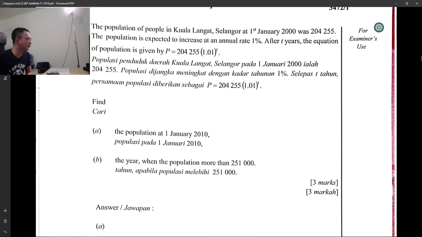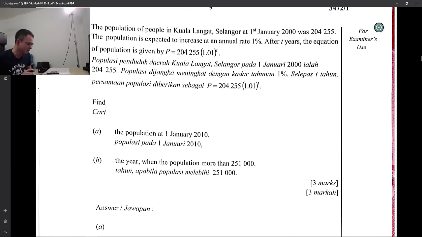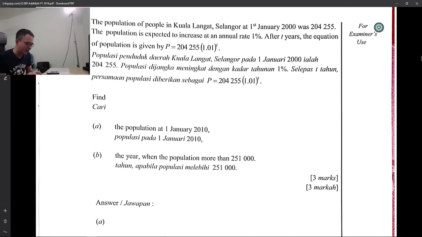Alright, so let's move on to number 6. The population of Kuala Langat, Selangor on 1st of January 2000 was this amount. Okay, first day of year 2000. The population is expected to increase at an annual rate of 1%.